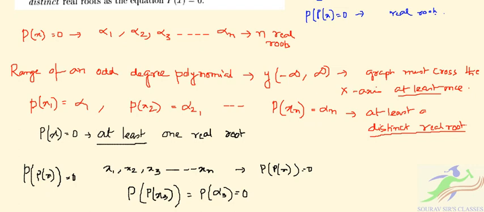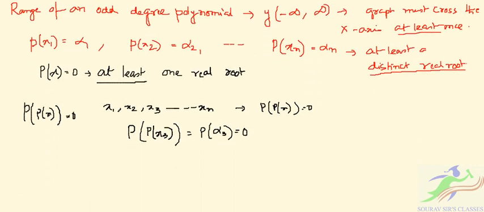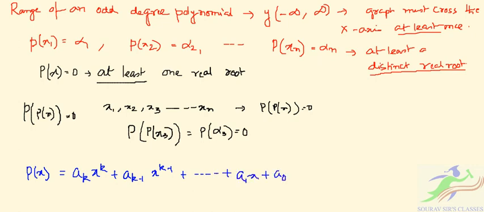Because a general odd degree polynomial has the form P(x) = a_k x^k + a_(k-1) x^(k-1) + ... + a1 x + a0, where k is an odd natural number and a_k is not equal to 0.